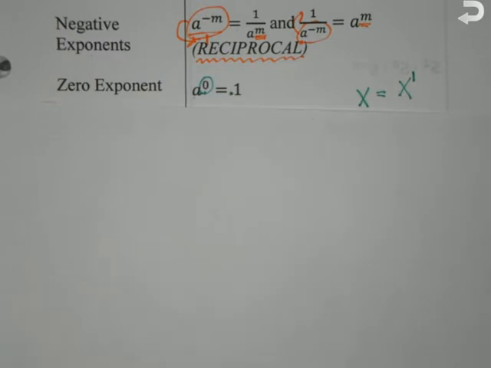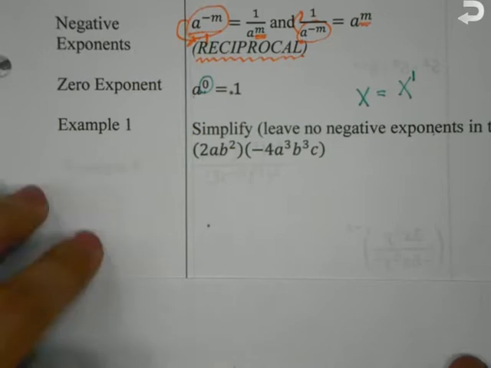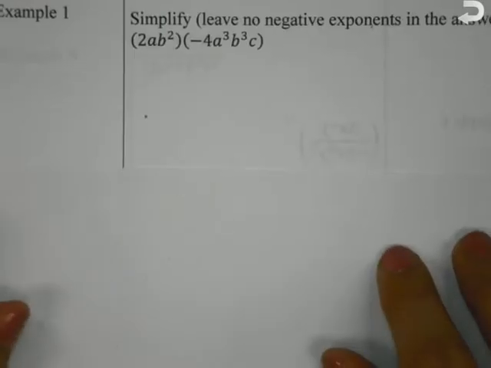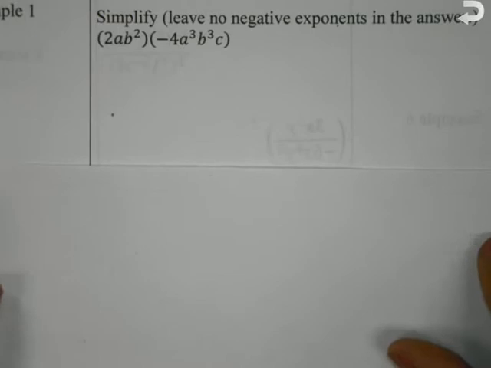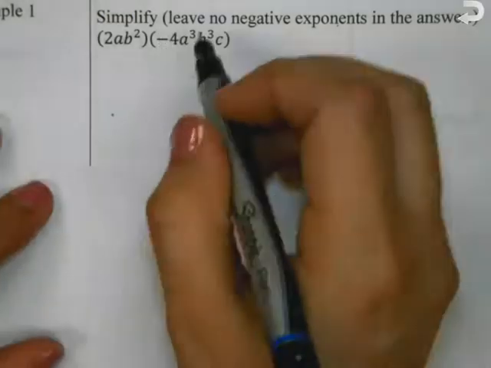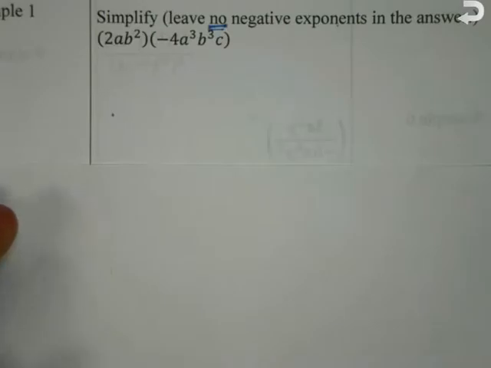Okay, so let's look at a couple examples. I put the instructions here just so that you know what simplify actually means. So for example 1, your instructions are to simplify, and simplifying means leave no negative exponents in the answer. So you should have 0 negative exponents. You need to make everything positive.